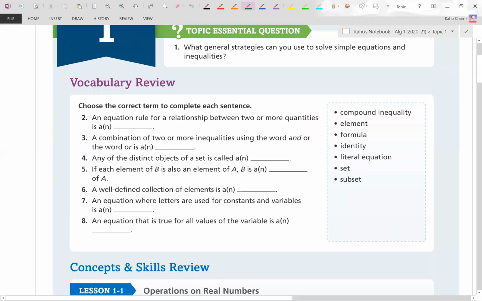An equation rule for a relationship between two or more quantities is, now are there a list of answers off to the right there? The answer is formula. Number 3, a combination of two or more inequalities using the word and or the word or is a compound inequality.